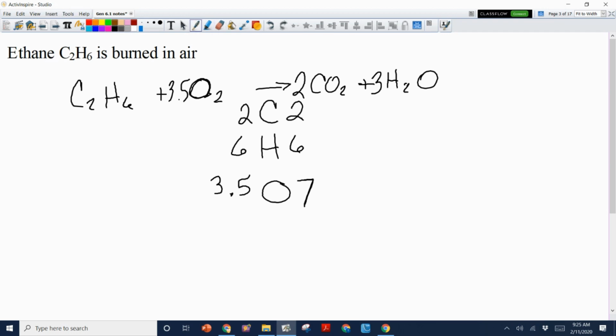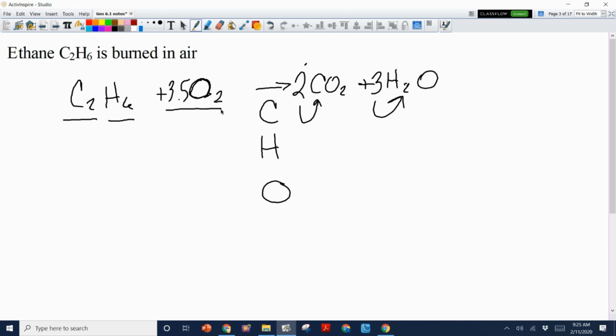They all have to be whole numbers. Okay, so I'm going to go back and make sure that this is balanced, and then I'm going to show you how to fix that. So technically, right now, this should be a balanced equation. 2 carbons, check. 6 hydrogen, check. 7 oxygen: 2 times 2 is 4, plus these 3, that's 7.